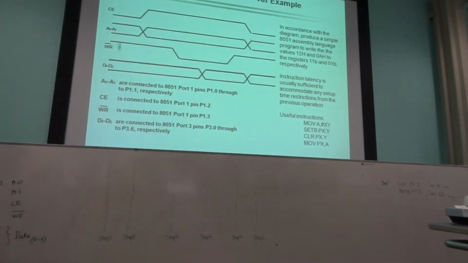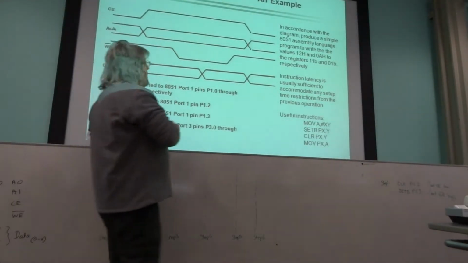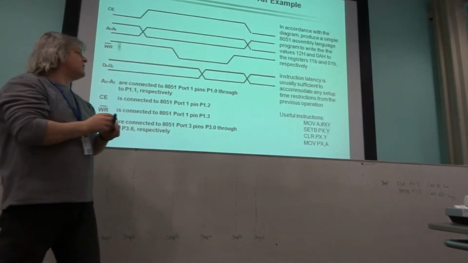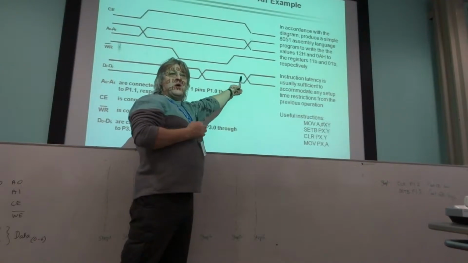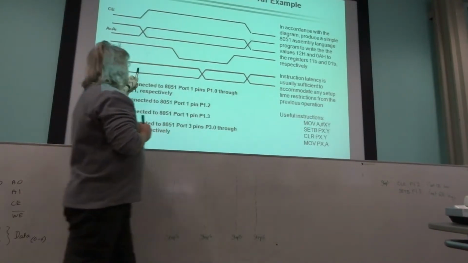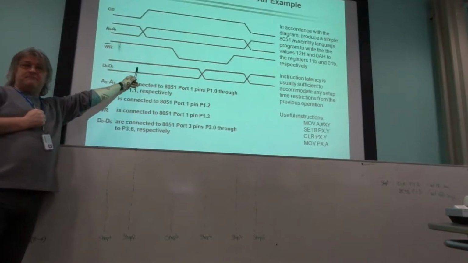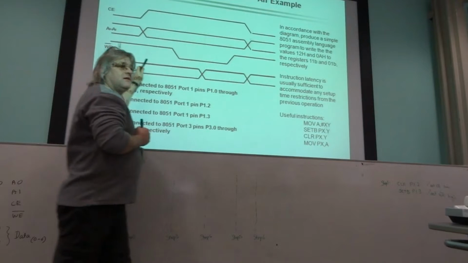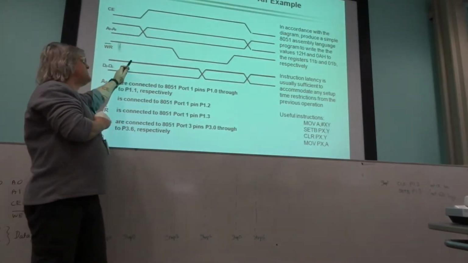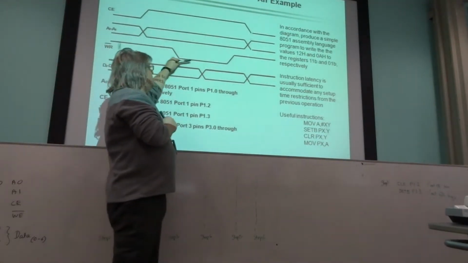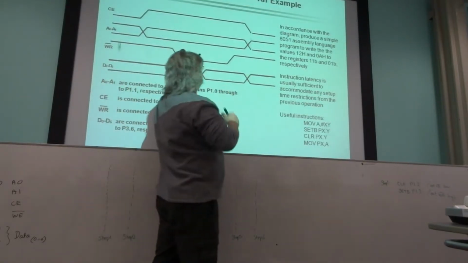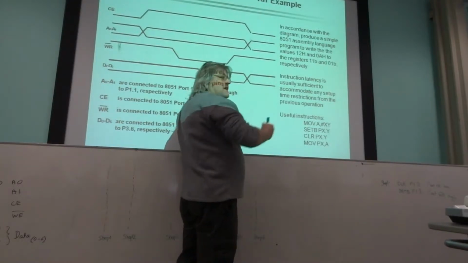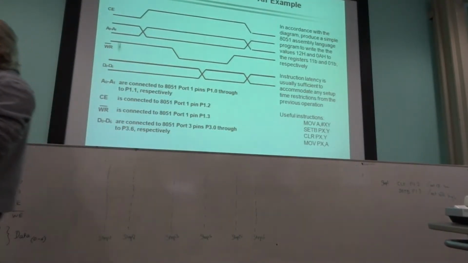So by observation, I would expect, and this is actually taken from a data sheet by the way, this to be the place where the value on the data actually matters. So here, it probably doesn't matter yet. So during this phase, I don't need to say anything special about what's happening to data. And by observation, I'd also estimate that it's the rising edge of the write enable signal that's actually when the significant action is taking place.